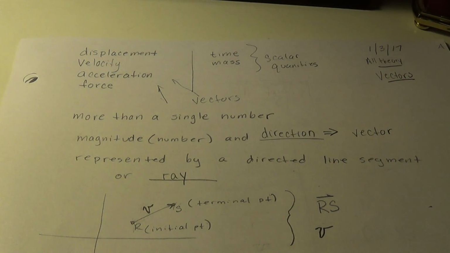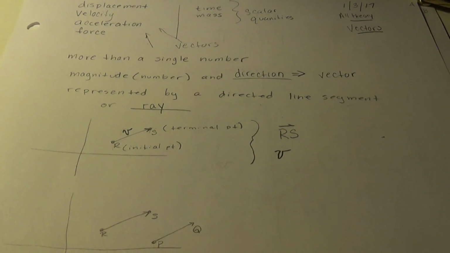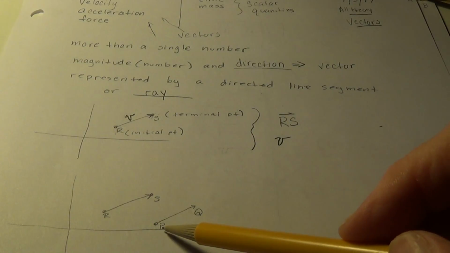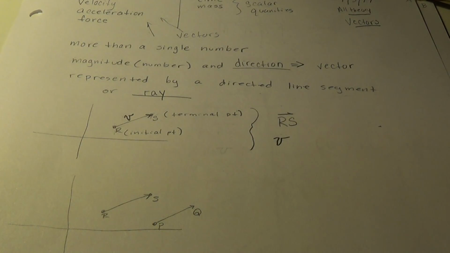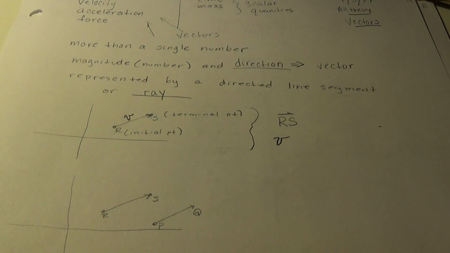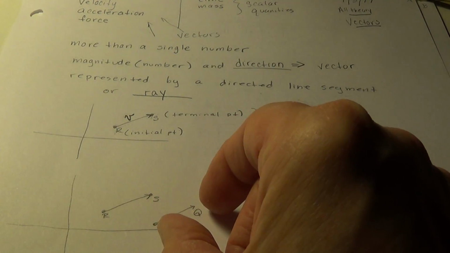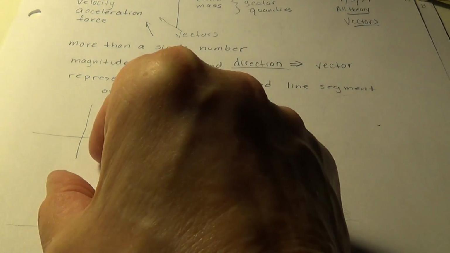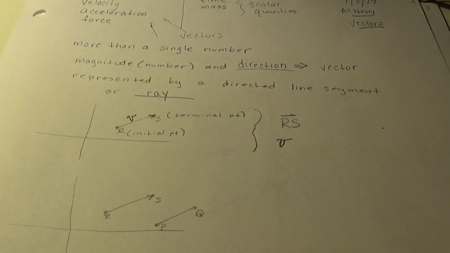Let's look at two vectors at once. Here we have vector RS, and here we have vector PQ. My point about vectors at this point is that vectors can be moved all around. I can pick up this vector and move it over here, or over here, as long as I keep the direction and the angle true.